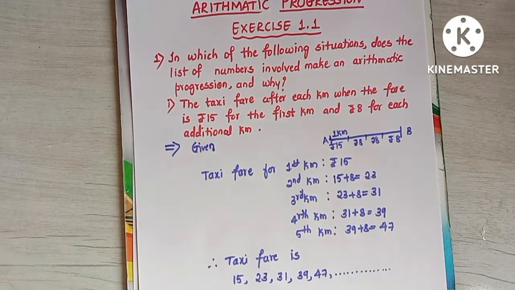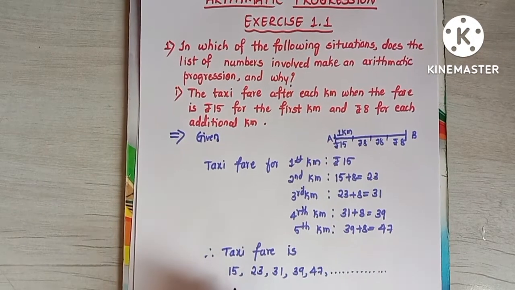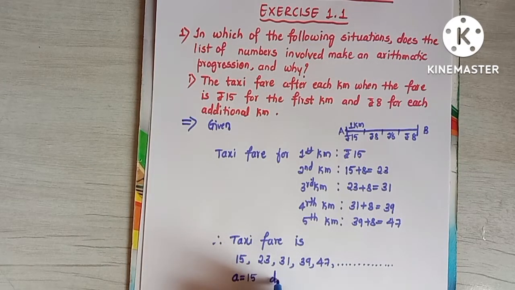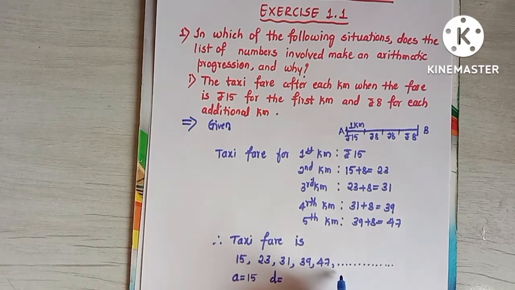So here we have to check whether this forms an arithmetic progression or not. In order to check that, we have to find a and d. So here what is a? Here a is the first term. Here the first term is 15. What is d? d is the common difference.